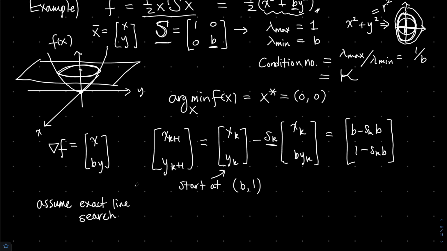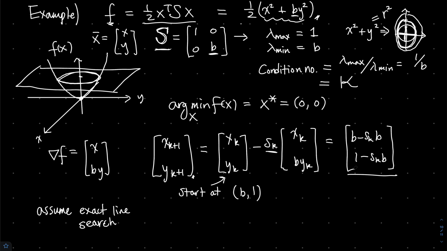Then we have to determine the optimal value for sk for this current situation, right? This is the xk+1 and yk+1. Given this xk+1, yk+1, we are trying to determine the best sk that will minimize our function f.